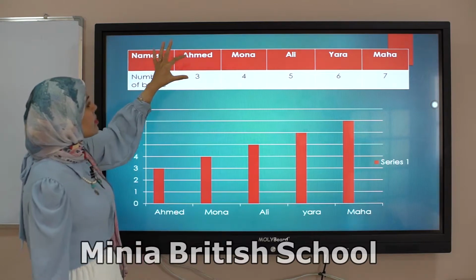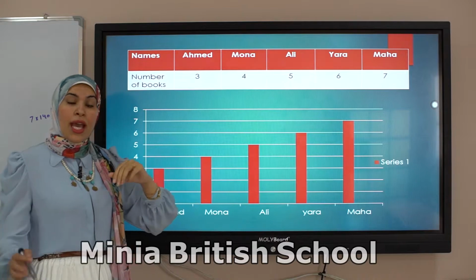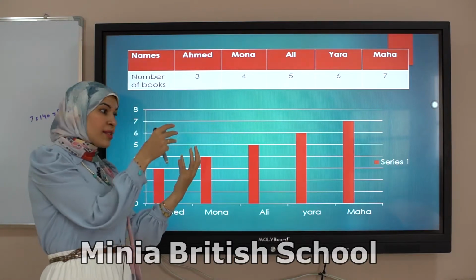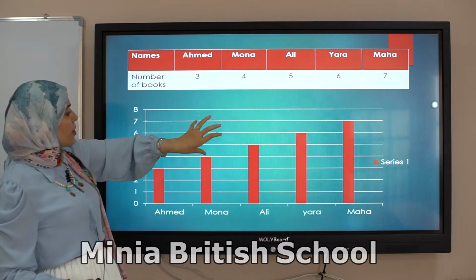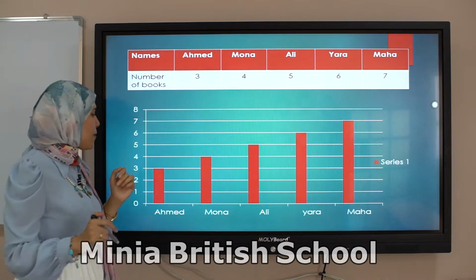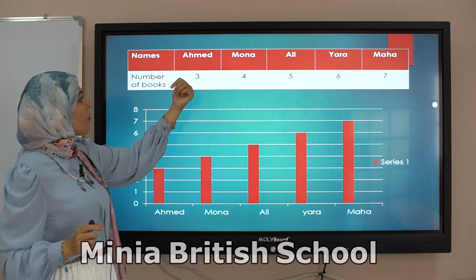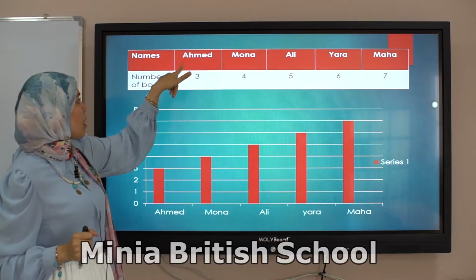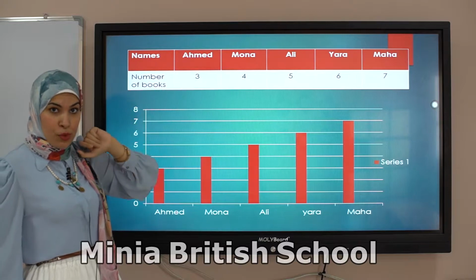Okay, here in this table I have data, names and numbers, and I want to represent this data in this graph, okay? First, here in Ahmed I have 3 books. The number of books here, Ahmed has 3 books.